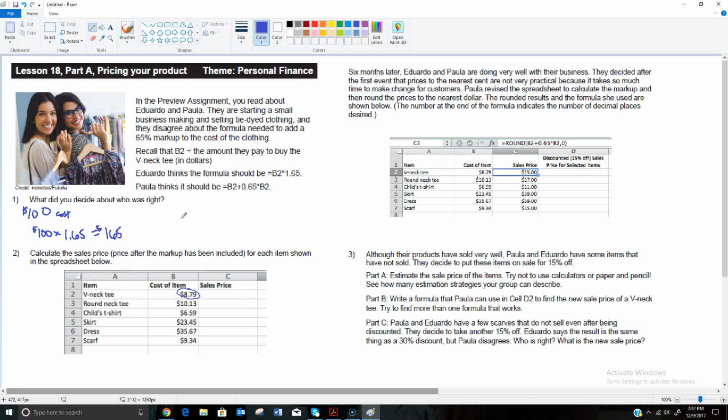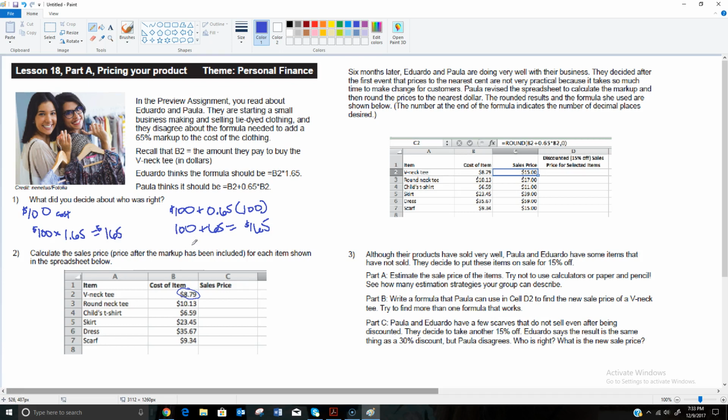If we do Paula's method, she says just take the original cost and add 0.65 times that original cost, that $100 in this case. That gives me 100 plus 65, which is also 165. So they both get you the same result. And if we did that with the 8.79, we'd get the same thing. So either one of these methods is okay.